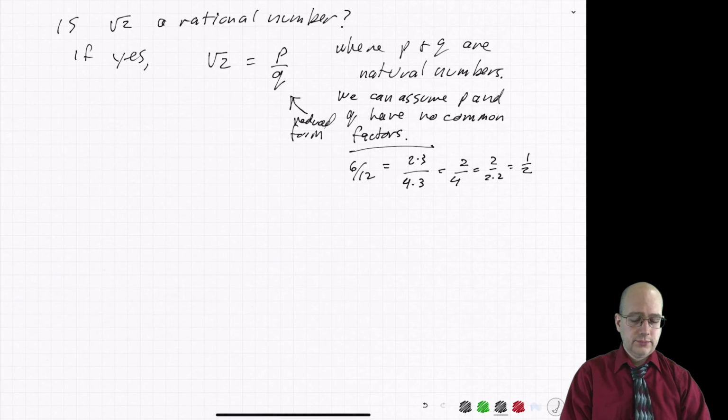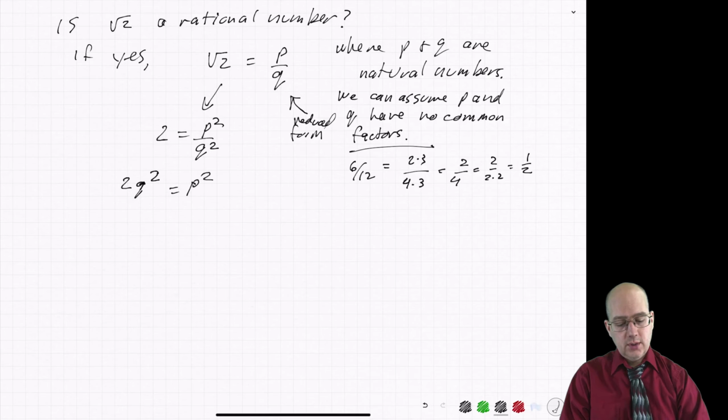All right. So what does this mean? Well, that means that 2 is equal to p squared over q squared. Well, more or less, that would tell you that p squared is 2 and q squared is 1. But that's a little bit something to say. So 2 times q squared is equal to p squared.